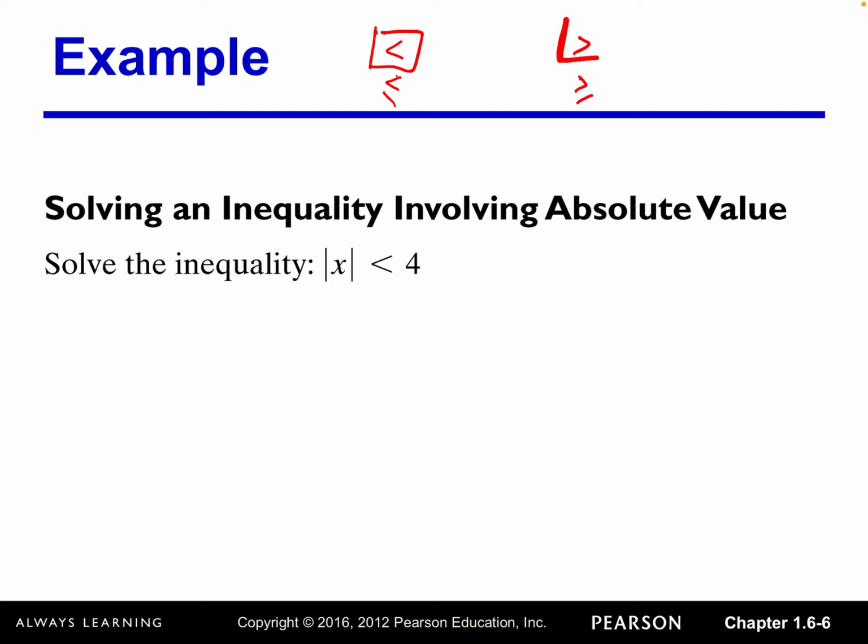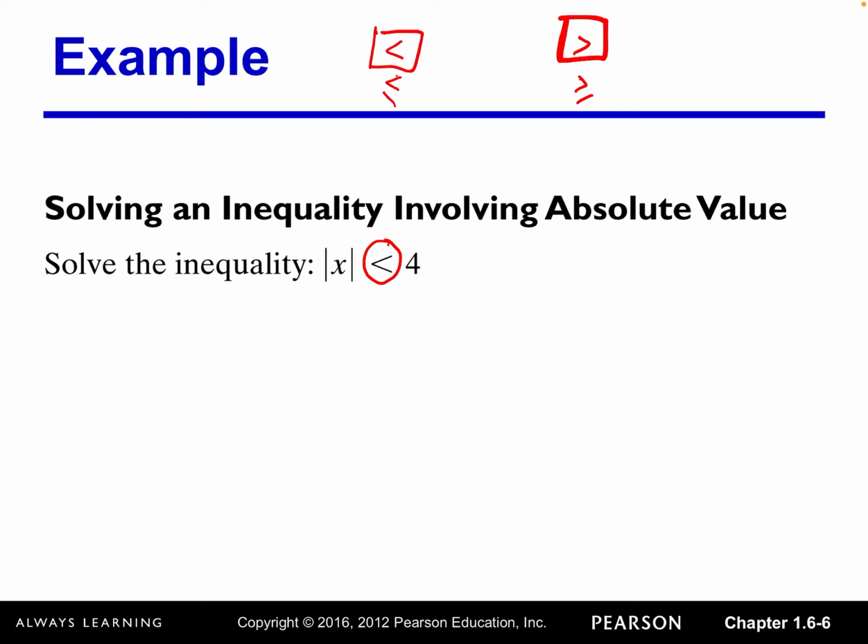We need to learn one type, and whether we have the equal sign or not doesn't matter, they apply the same as long as the direction of the inequality symbol is the same. So first, let's look at what kind of solution set we will have when we have an absolute value inequality with less than inequality symbol.